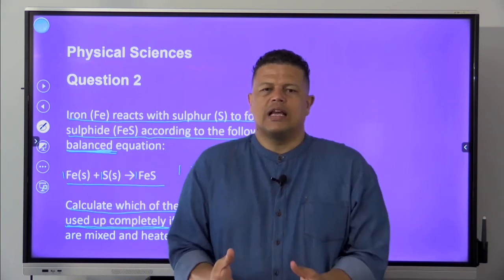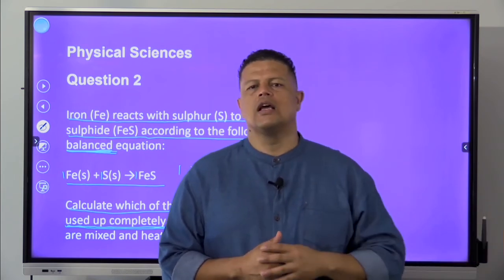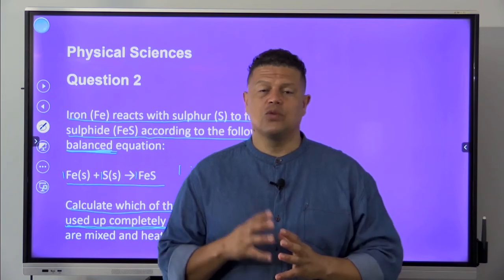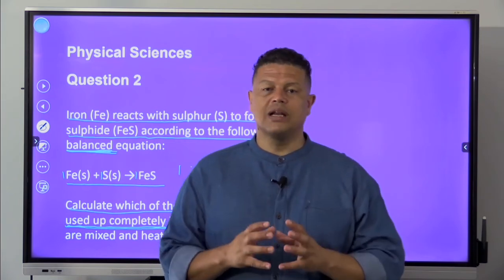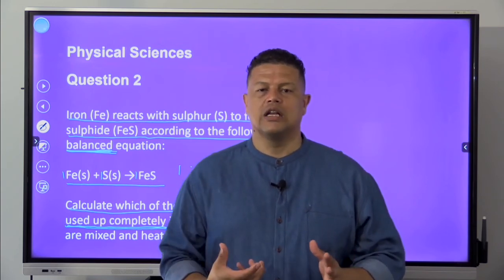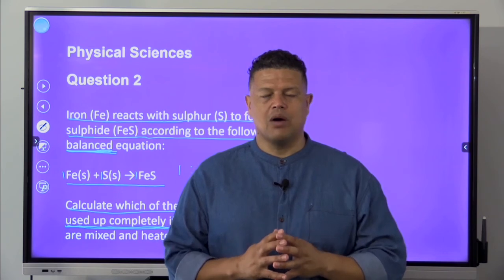In other words, it's been used up completely and the forward reaction cannot continue any longer. So in this particular question, we need to find out between iron and sulfur, which one is going to be finished first, and therefore the reaction will come to a stop. So that is what the question is about.